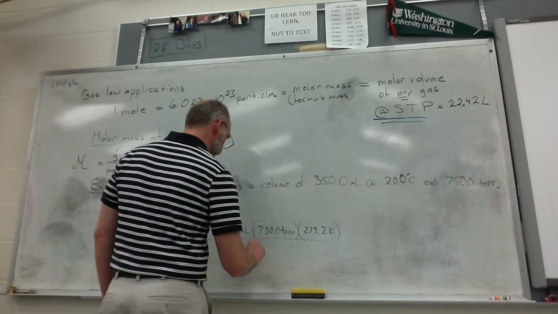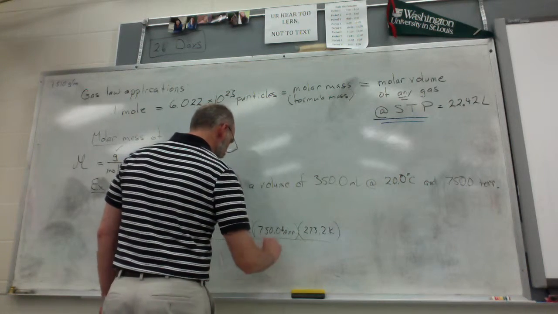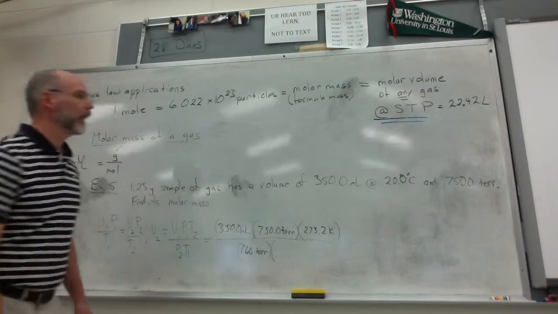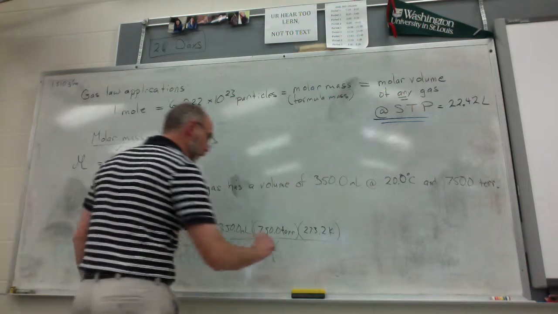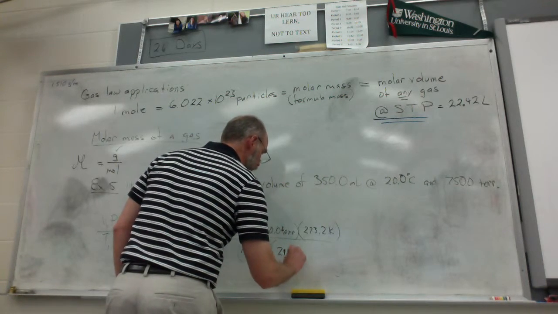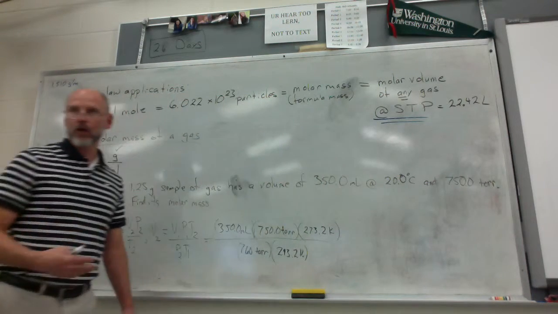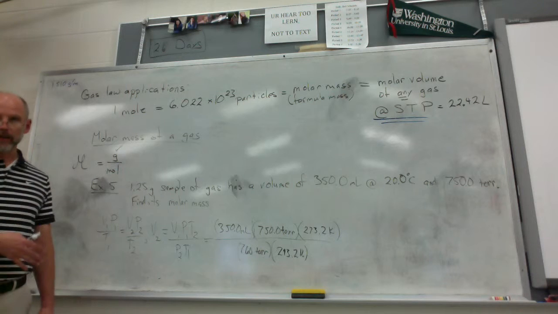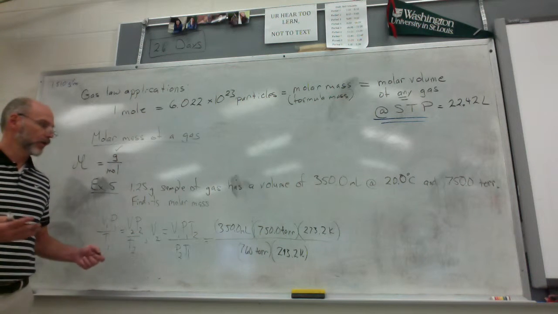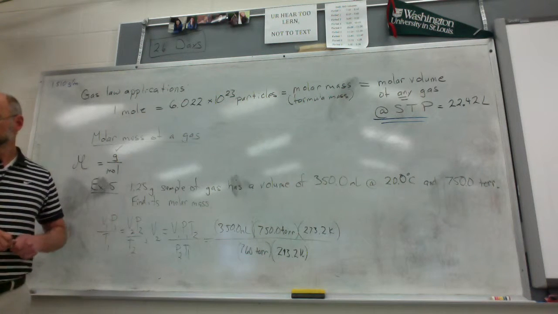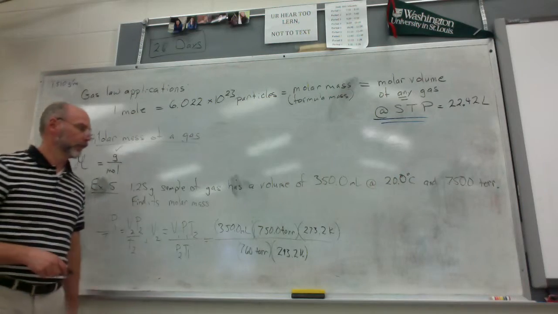P2 is 760 torr. And T1, we're going to have to add 20 degrees Celsius, which we all know by now to be 293.2 Kelvin. Now that's going to give us a volume at STP. I don't know what that volume is going to be. Somebody can probably calculate that.